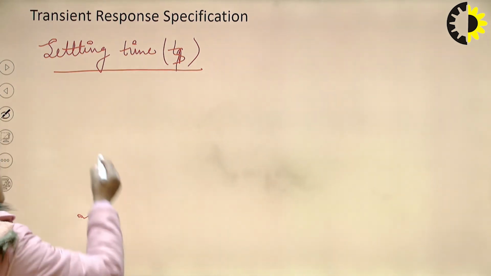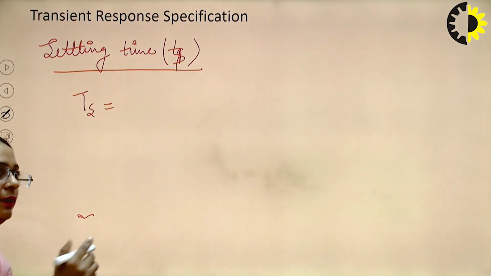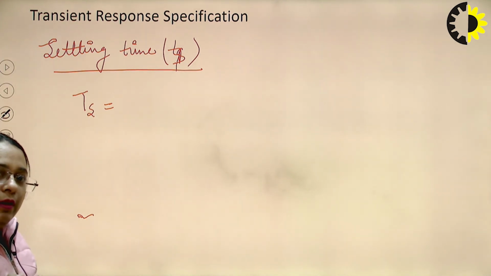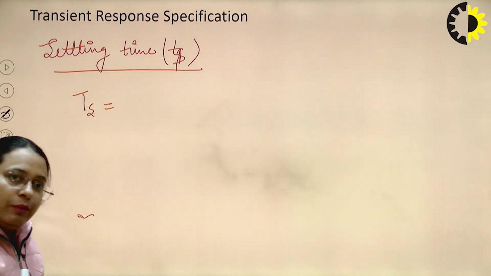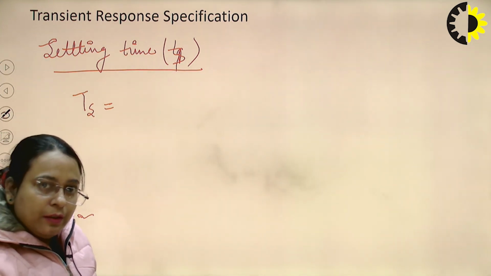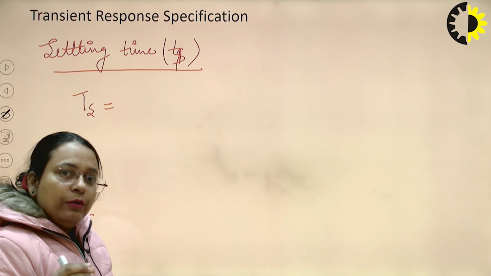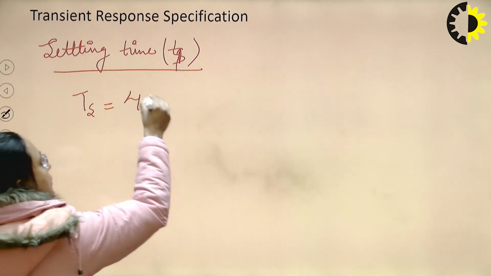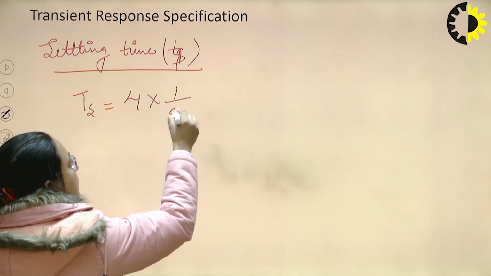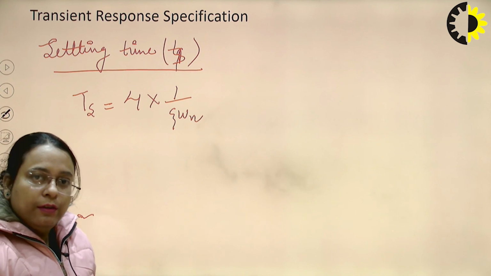So settling time can be defined as the time required to settle down the oscillations present during the transient part of a second order control system, to settle within 4 times the time constant, that is 1 by zeta omega n. This is within 2% of the desired value.